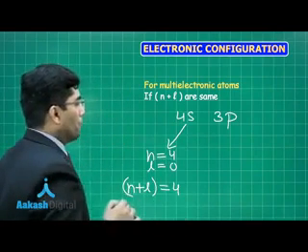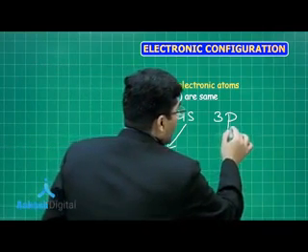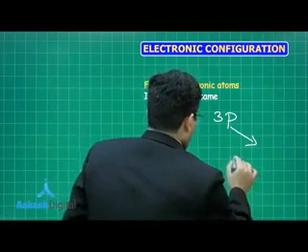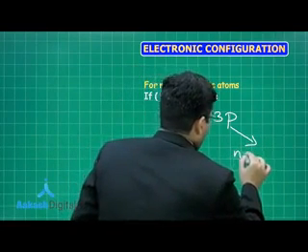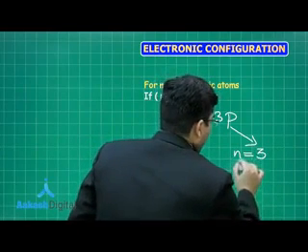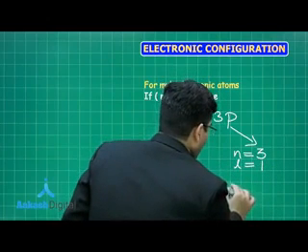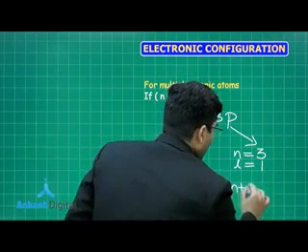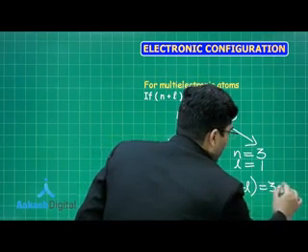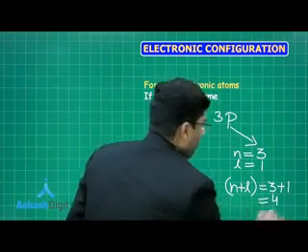Right? Okay. For 3p, n is equal to 3, l is equal to 1, and n plus l is equal to 3 plus 1, that is equal to 4.